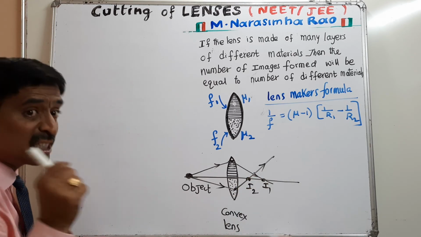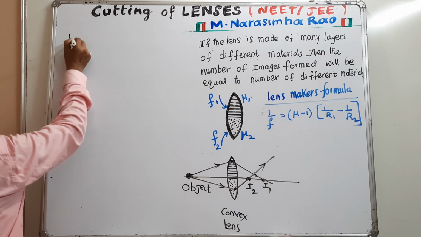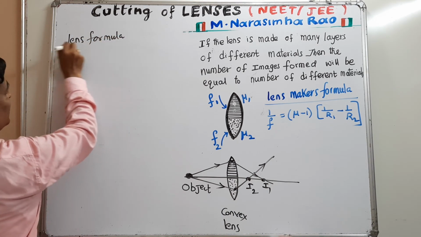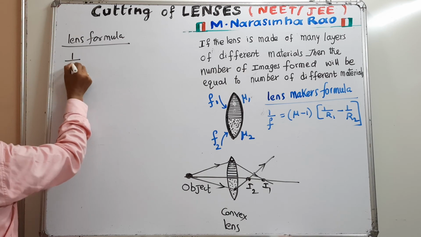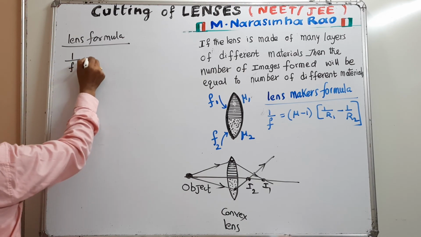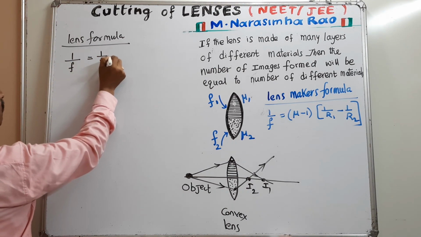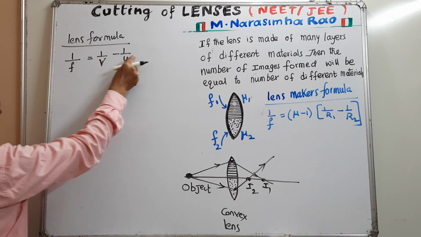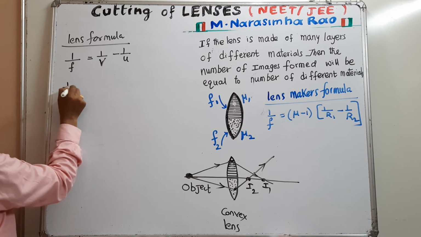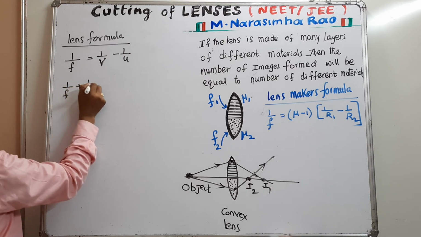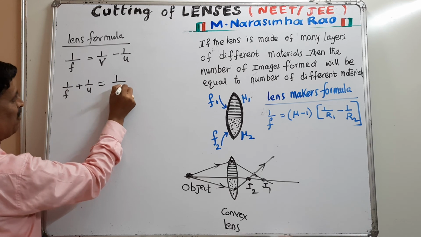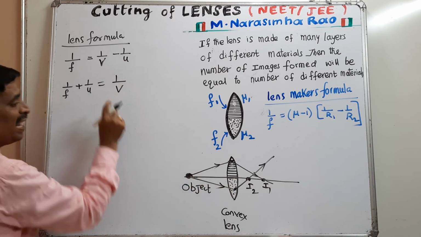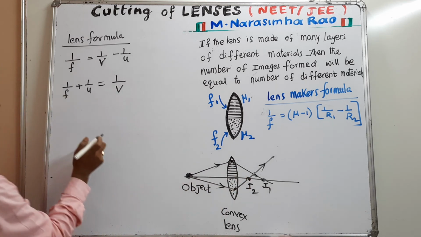The reason I will explain. According to the lens formula, 1 by f is equal to 1 by v minus 1 by u. Minus 1 by u comes to this side, plus 1 by u. 1 by f plus 1 by u is equal to 1 by v. u represents the object distance. v represents the image distance.